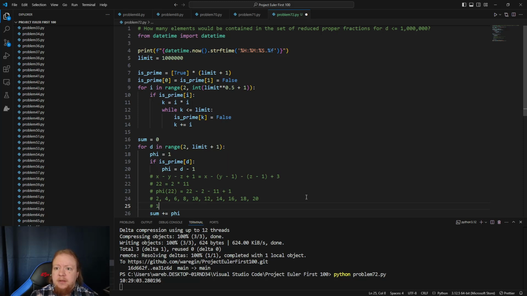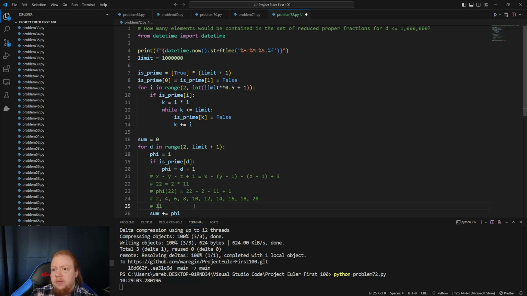And then there's just the one multiple of 11. So phi of 22 would equal effectively 21 minus, let's see, 21 minus 11, because 10 plus 1.